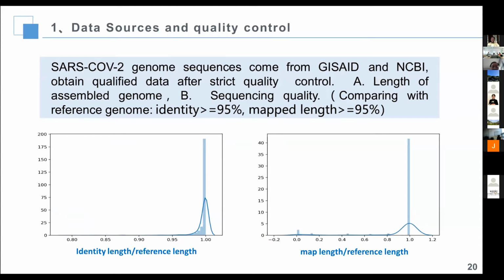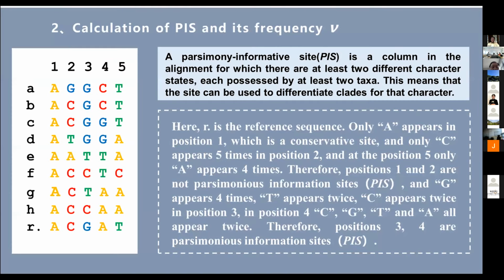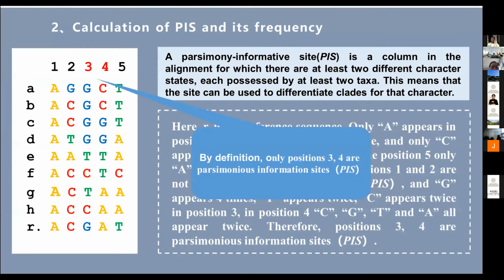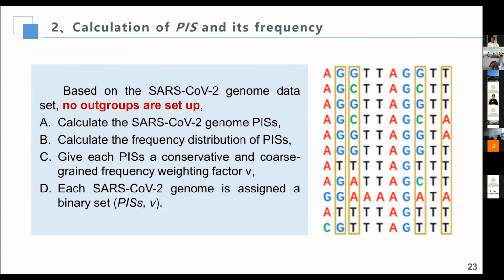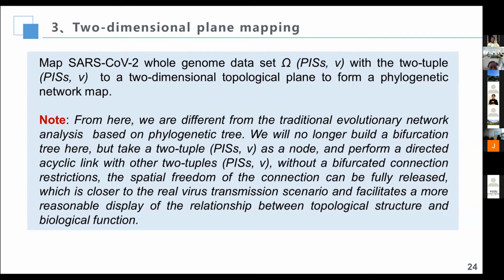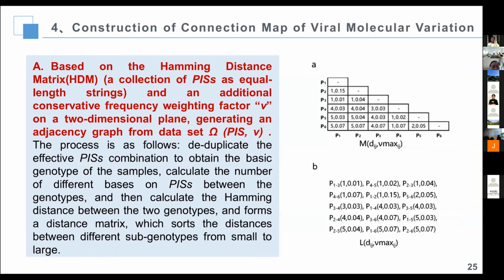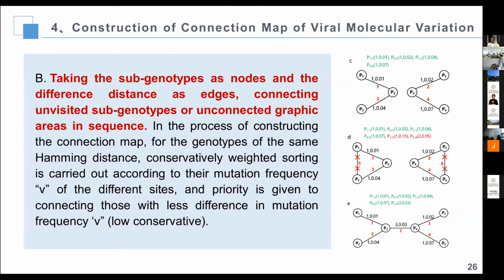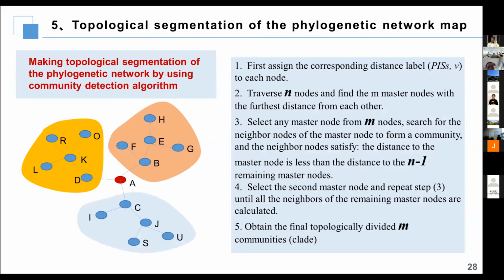This is some detail about algorithms. Here is the quality control for the obtained genomic data, and also calculation of PIS, and also performing the two-dimensional plane mapping, and also construction of the collection map for the molecular treatment, and also performing topological segmentation for our phylogenetic network map.